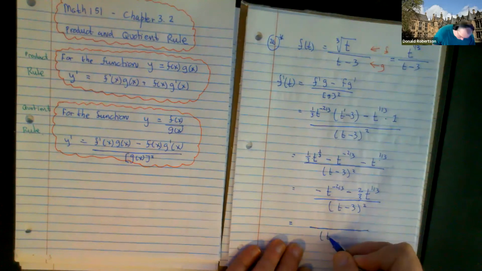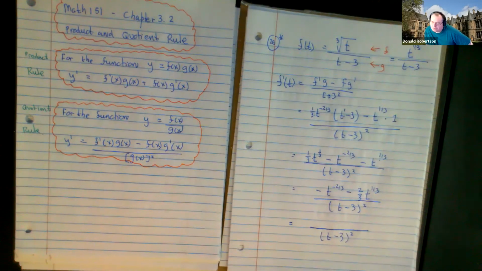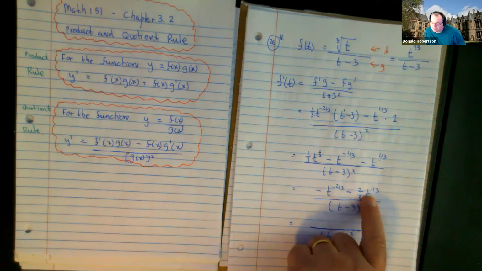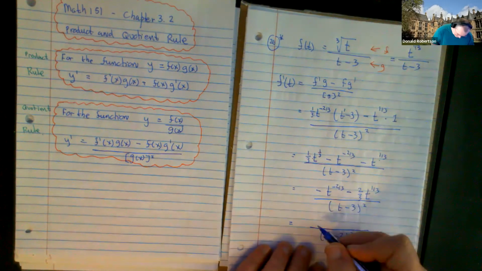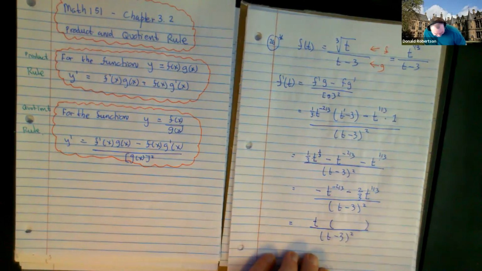The numerator terms both contain powers of t. T to the -2/3, t to the +1/3. You see that? -2/3, 1/3. That means whenever that happens, then some power of t is going to be a common factor.